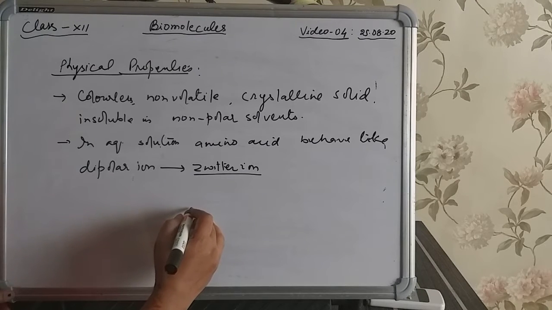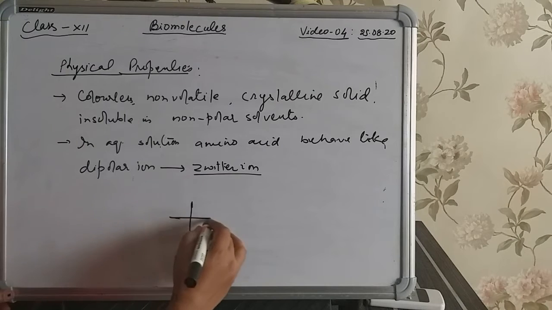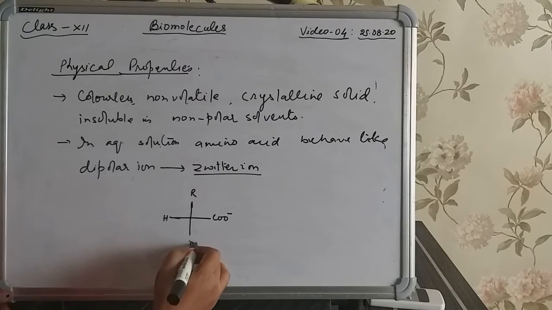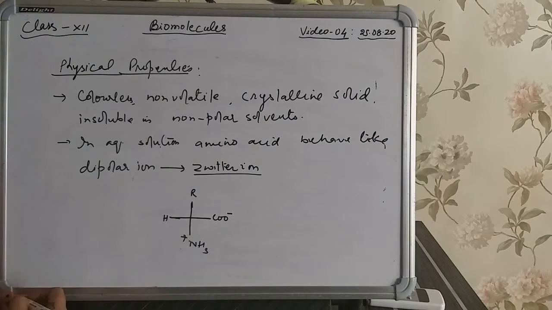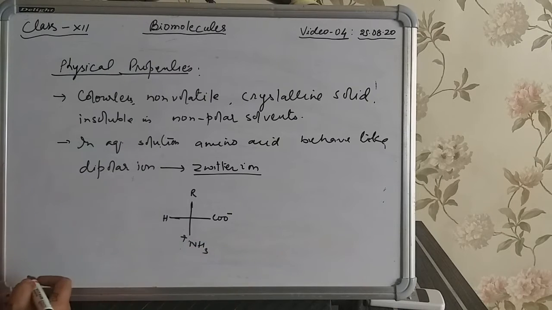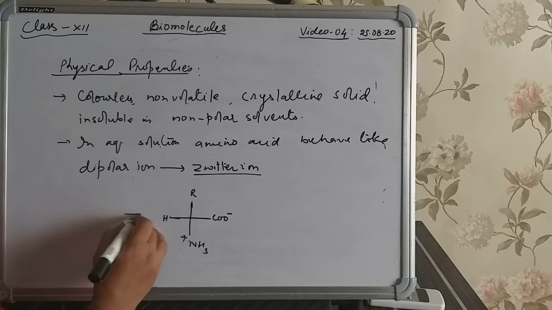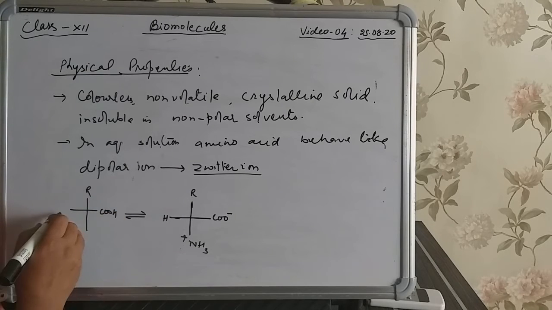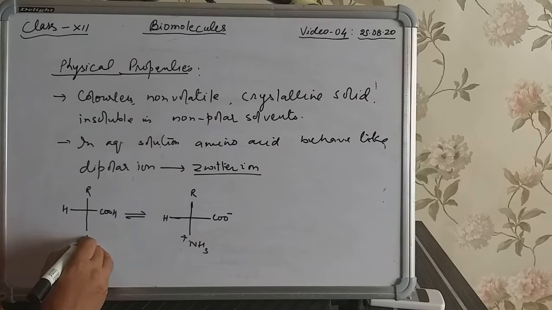Suppose we have a compound like this, this is R, and one side this group present, one side this group present, and one side this group present. So here the positive charge appears on the nitrogen, meaning it has tendency to give protons, and in the aqueous form it also behaves like NH3 plus.